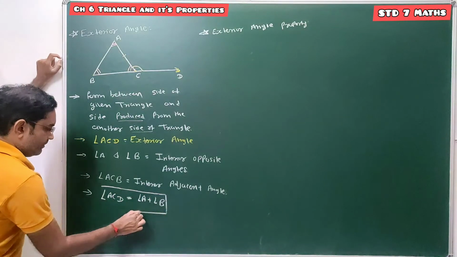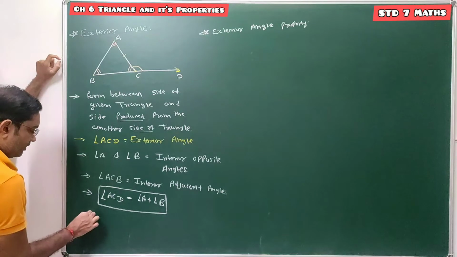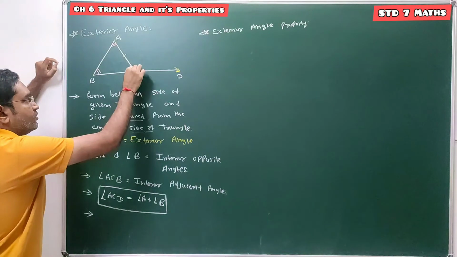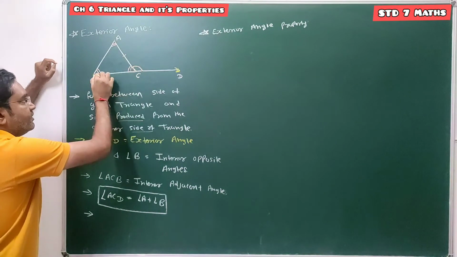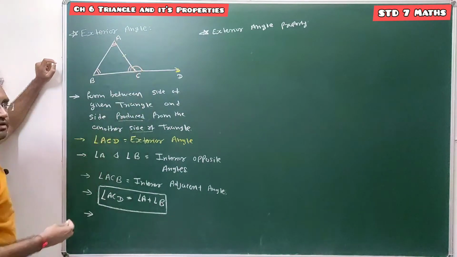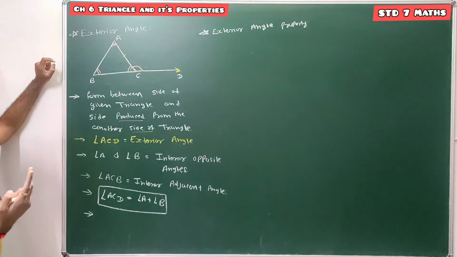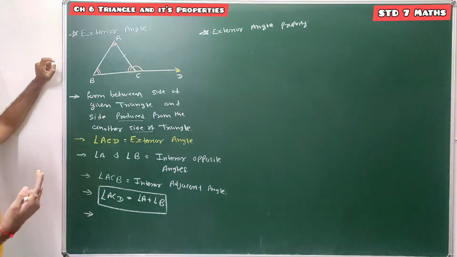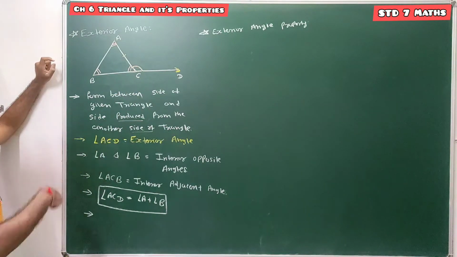We will prove this. After that, total how many exterior angles are there for any given triangle? If we consider this vertex C, we can extend side BC or we can extend side AC. So for vertex C we have two possibilities to obtain an exterior angle. For every vertex we have two possibilities, and there are 3 vertices in total.